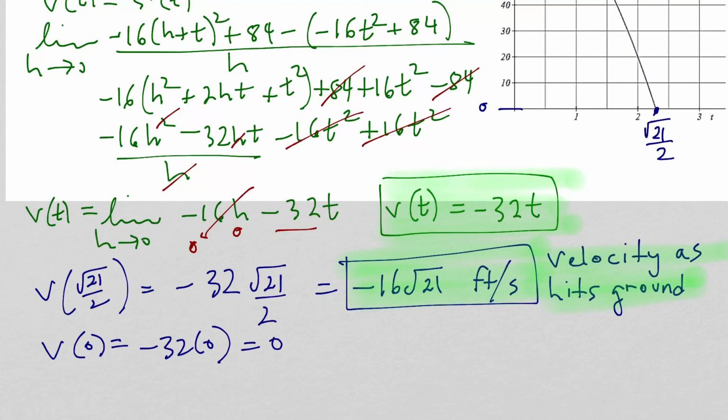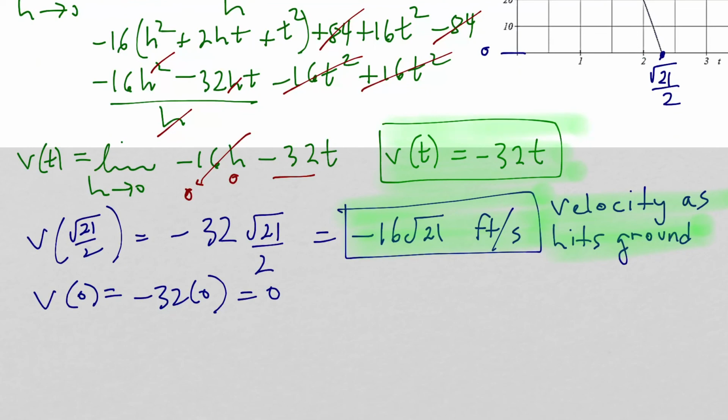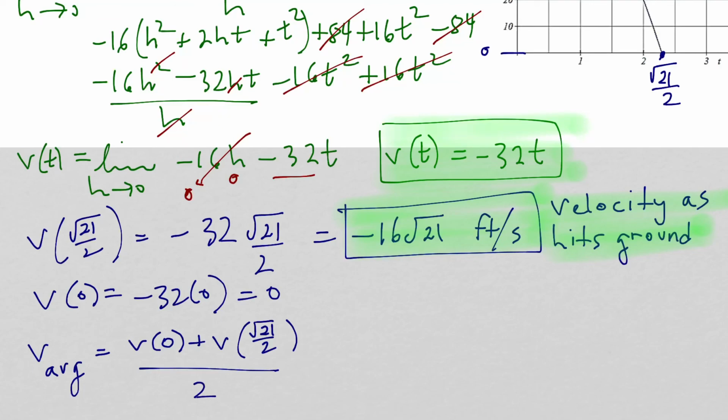All right, so we're going to take the average, let's call it the average velocity. So that'd be v of 0 plus v of whatever that time was, the end time, and divide that by 2. So this one's actually just 0.